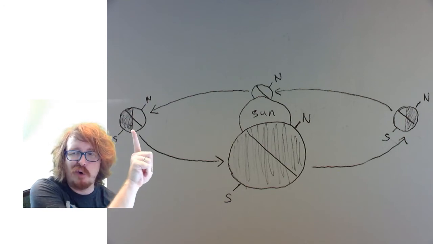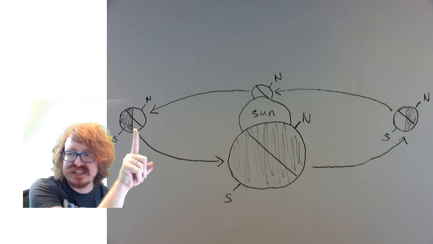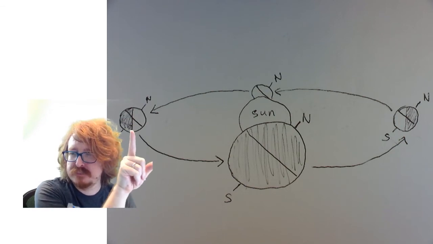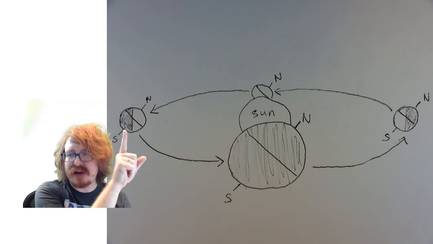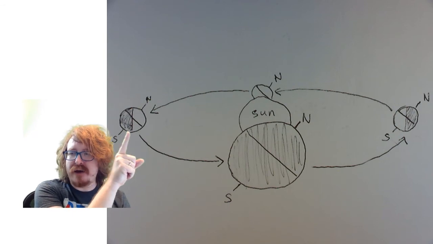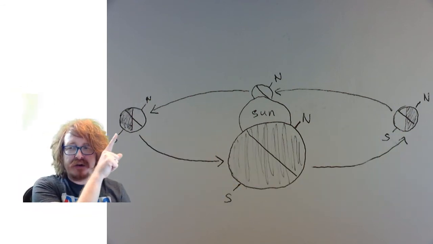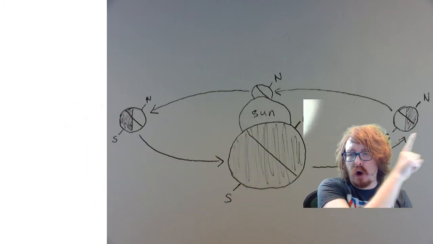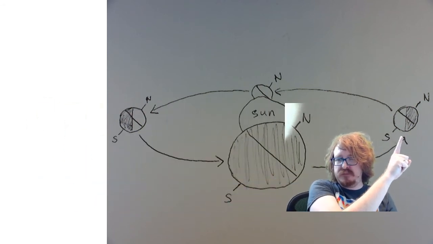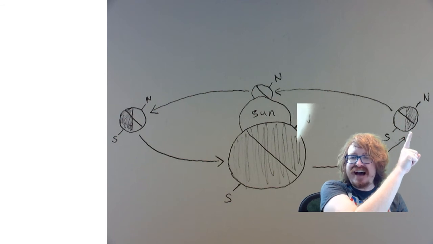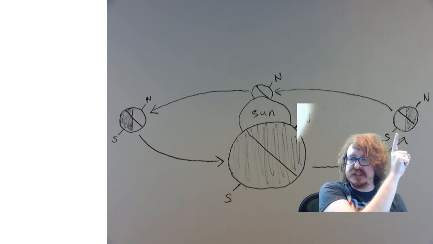If they're tilted away from the sun, what season would that be? That would be winter, right? Which means if that's winter for the southern hemisphere, what would this be for the southern hemisphere? On this side, their pole is tilted towards the sun, so that's going to be summer.